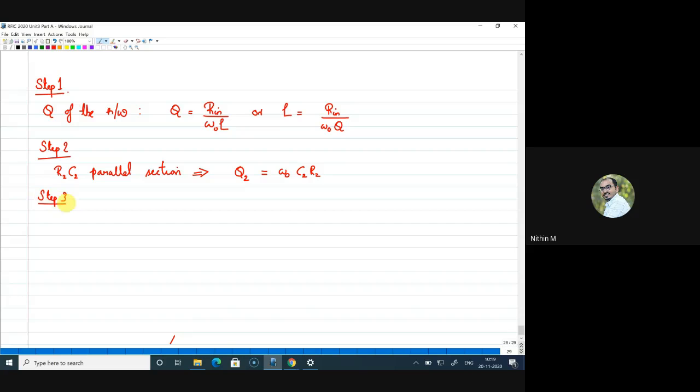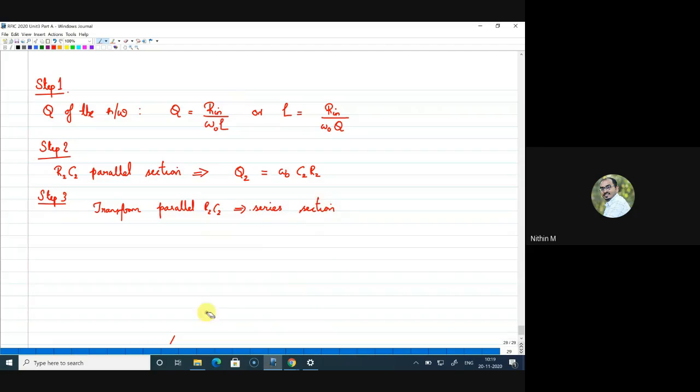Let me call it step 3, and there I'm doing this transformation. I'm transforming this parallel R2C2 into a series section.